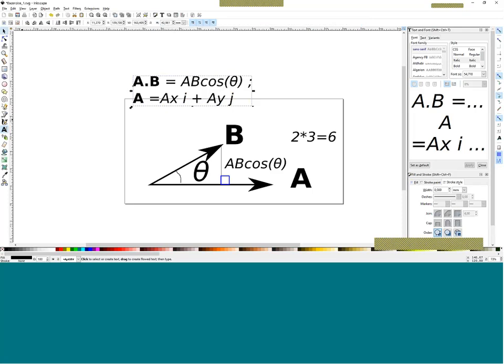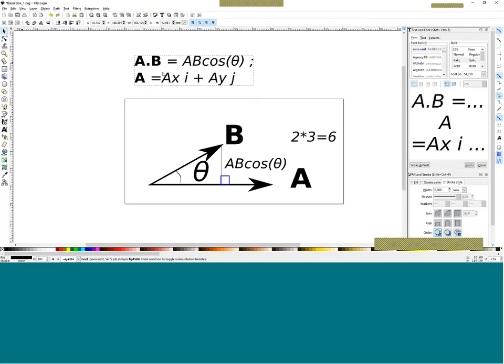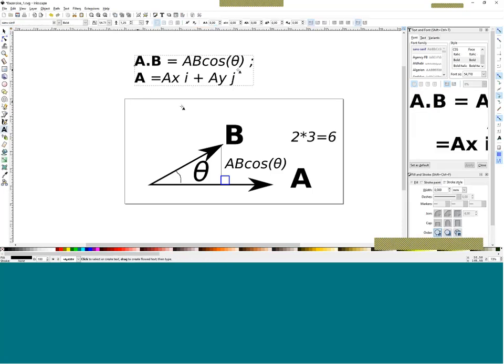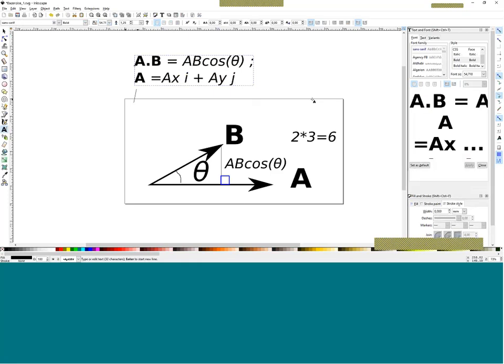And the interesting property of the scalar product is that if you take vectors A and B and multiply them with each other, you have individual components, the x and y components.